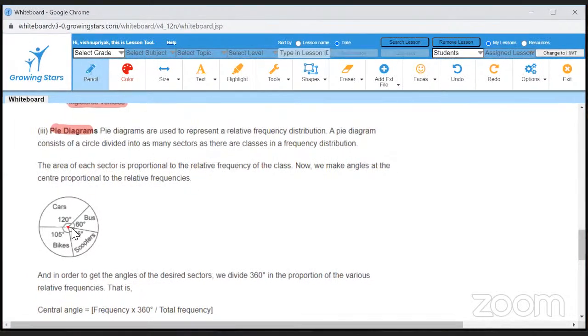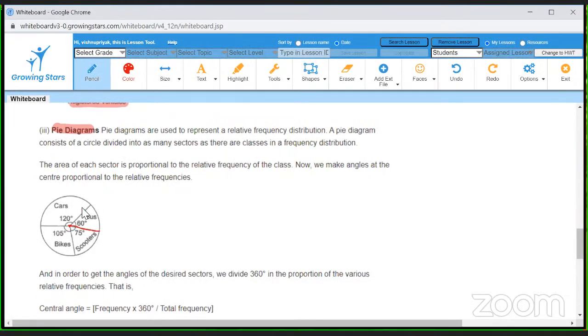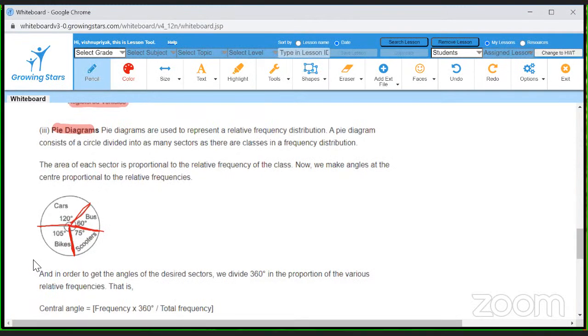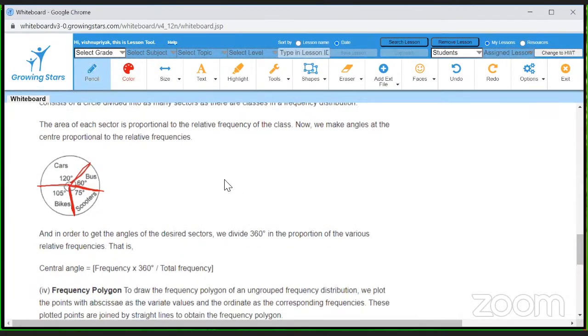Take the center. First, take 60 degrees angle for bus, 120 degrees angle for cars, 105-degree angles for bikes, and 75 degrees for scooters.